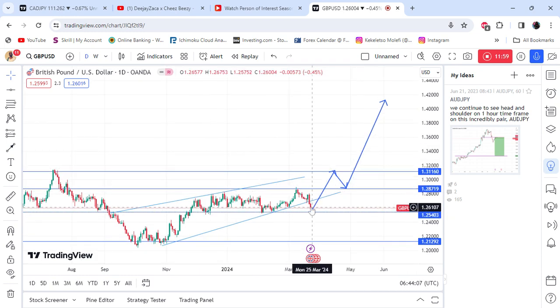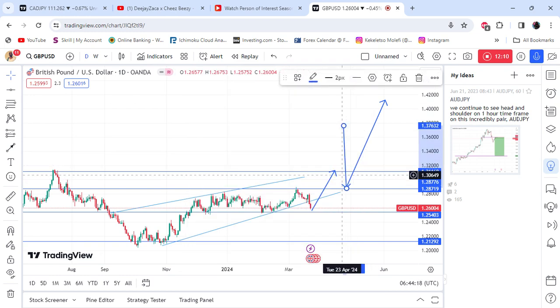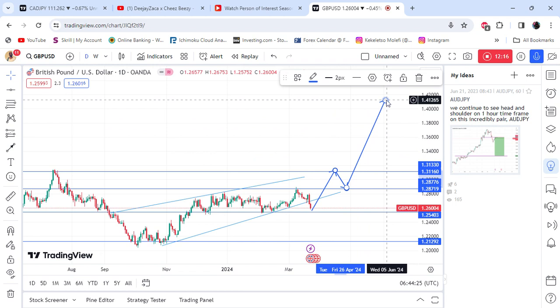Then you could buy from here, and it went further up. These are the possibilities that you could find in this pair, and you should never be too ignorant to see them.